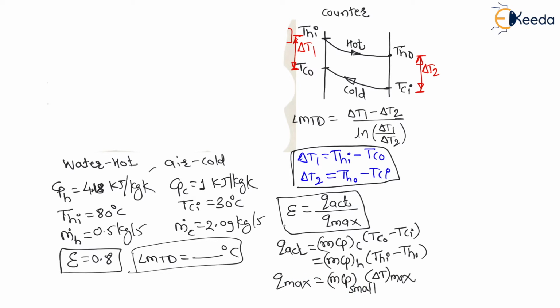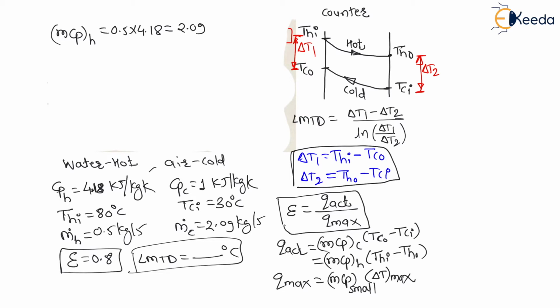So, let us find here mCp values, because mCp is given for both. So, let us find here for hot fluid and cold fluid. If I take mCp of hot fluid, then for hot fluid, mass is 0.5 and Cp is 4.18. Therefore, it is 0.5 into 4.18, which is equal to 2.09. Right?